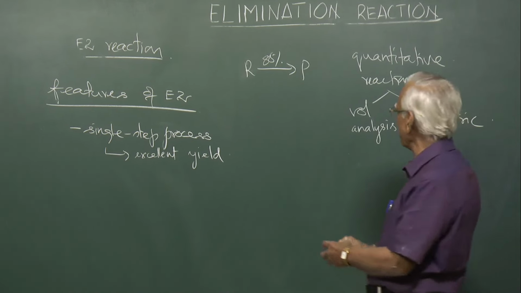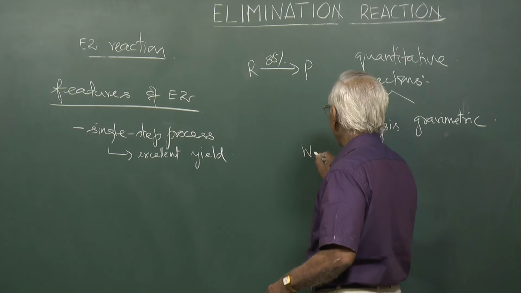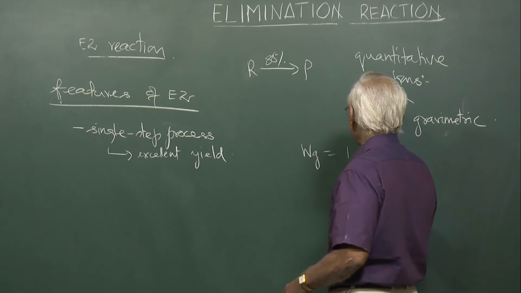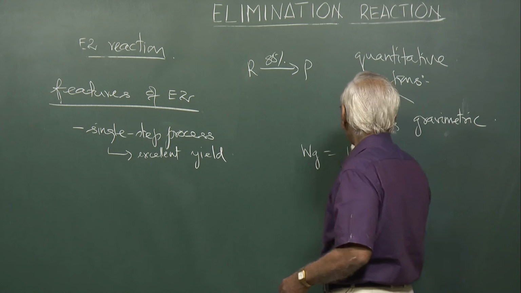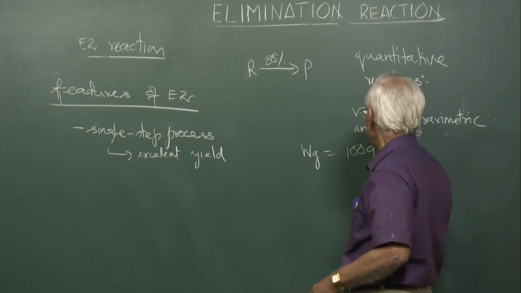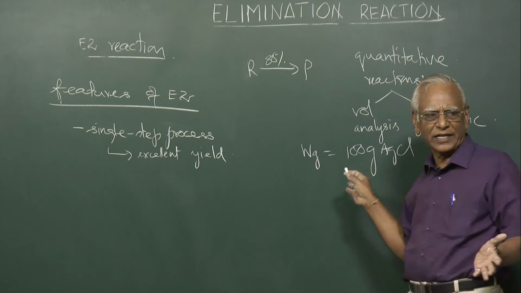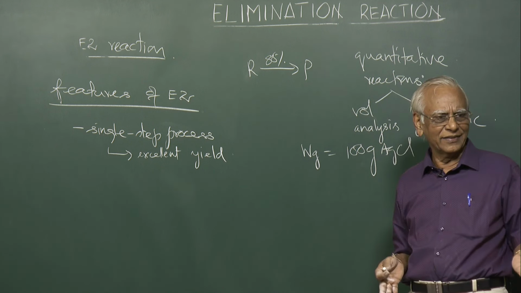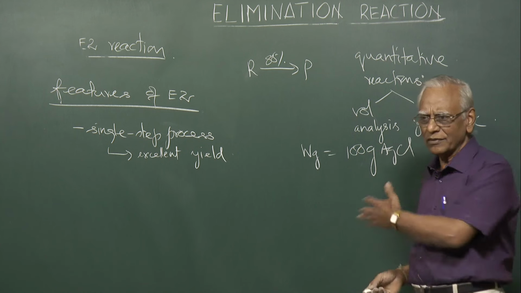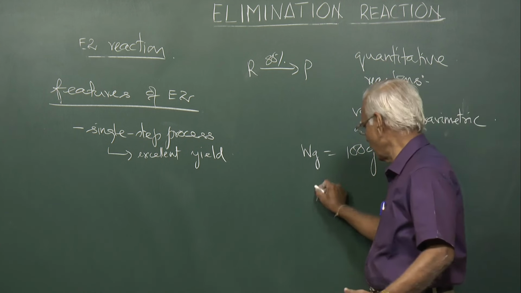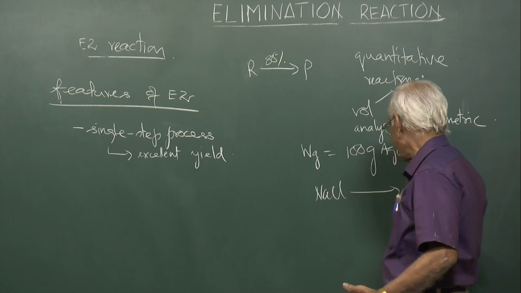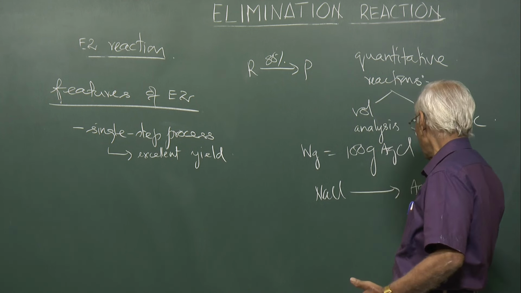And from the weight of silver chloride, let's say I have got W grams, let's say 100 grams. I get 100 grams of pure silver chloride. And isn't it possible for me to calculate the weight of sodium chloride? How do you do it? Molar ratio. 1 mole of sodium chloride should have given rise to 1 mole of silver chloride.